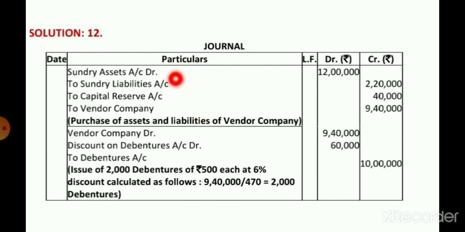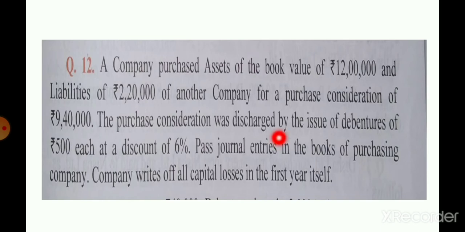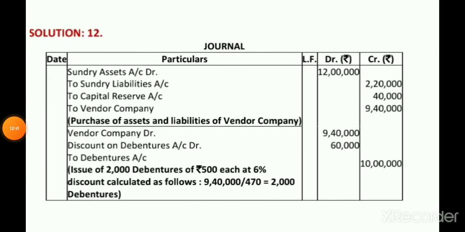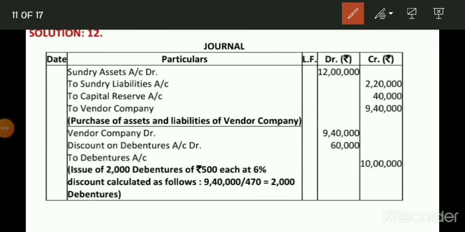So sundry asset 12 lakh, sundry liability 2,20,000, capital reserve 40,000, and the vendor company is 9,40,000. So you have to check how much money is remaining, right? How will you calculate the capital reserve?